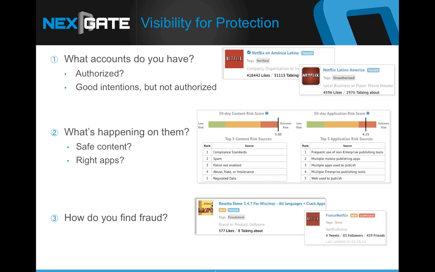Whether you're in a retail environment and you're selling technology and you want to make sure people aren't selling pirated or knocked off software or knocked off products, or whether it's subscriptions, or whether people are just trying to take advantage of your brand recognition to hijack your brand and push their own cause or actually attack you, you need to also be able to find those accounts.